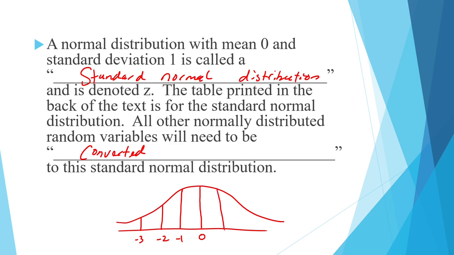To the right side, we have positive values, 1, 2, and 3. This represents 1 standard deviation above the mean, 2 standard deviations above the mean, and 3 standard deviations above the mean. So on the left side of the center, we have negative values. On the right side of center, we have positive values.